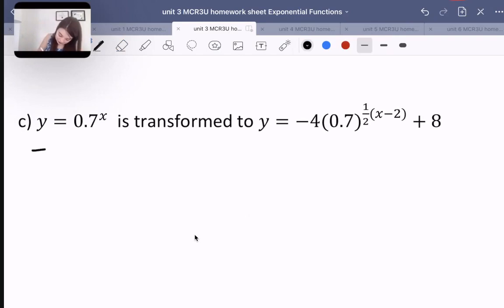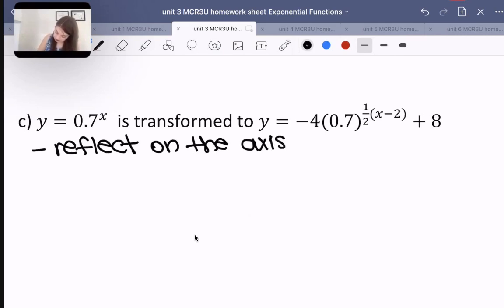Okay, so here we have a negative sign for our part of our A, so that already means we're going to reflect on the x-axis. Then there's 4, so that means vertical stretch by factor 4, because 4 is greater than 1, right?